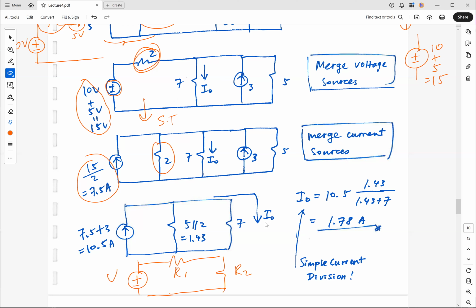So this is the idea behind this source transformation technique. The idea again is to simplify your circuit as much as you can, so that you can use a very simple circuit analysis technique, such as voltage division or current division, to find the unknown. Okay, that's all.